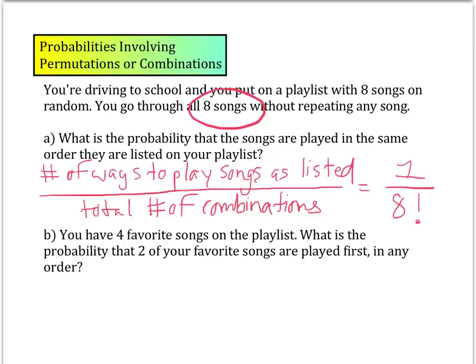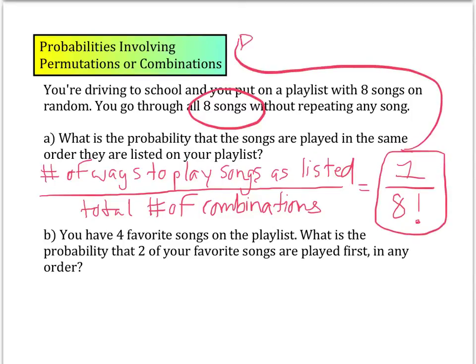So we have our fraction 1 over 8 factorial, and I'm going to bring this up here just so we have some space. And when we do that, we have 1 over 40,320, which rounds out to about 0.00002.